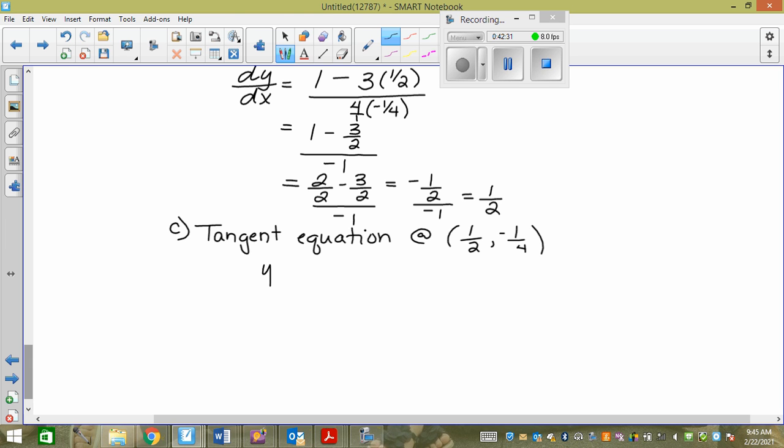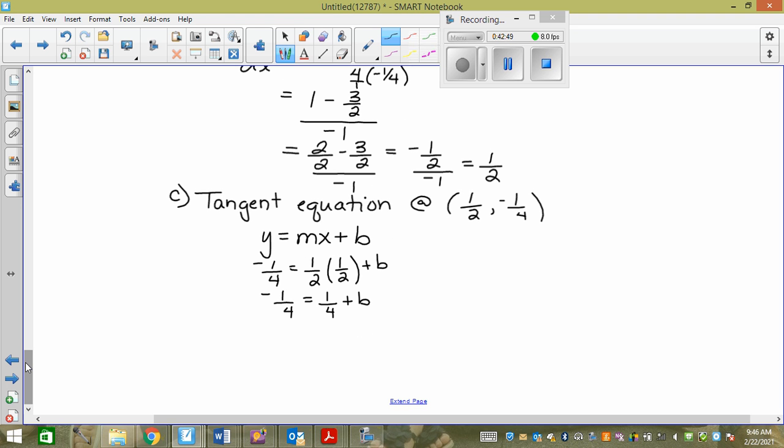So then we just do our y equals mx plus b, right? Nothing has changed. Nothing is different. Y is -1/4. M is 1/2. X is actually 1/2 plus b. -1/4 equals 1/4 plus b. Minus 1/4 over.